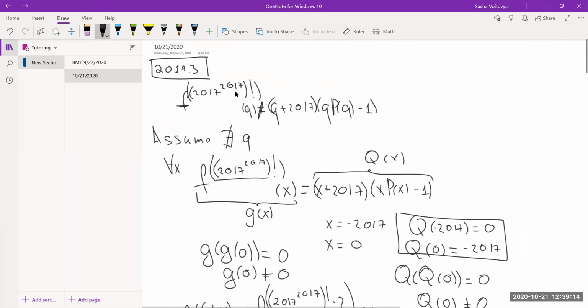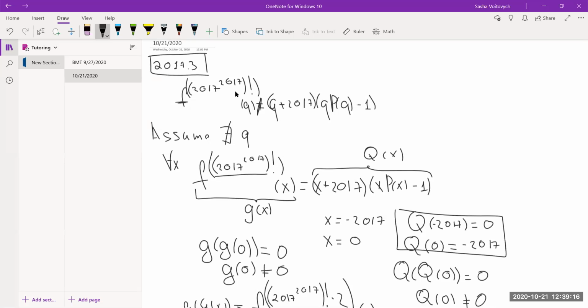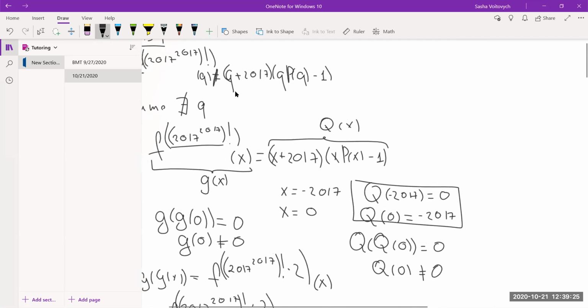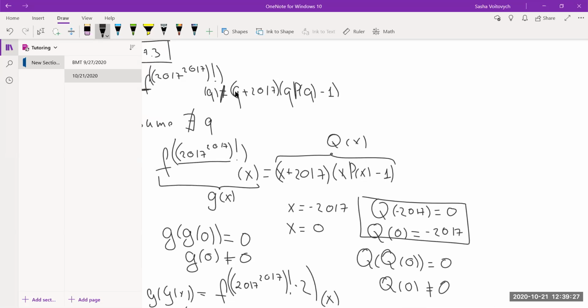First of all, we started by investigating the right-hand side, and we found out that we can find numerical values of q of x at some points. We can find it at the point minus 2017, and we can find it at the point 0.